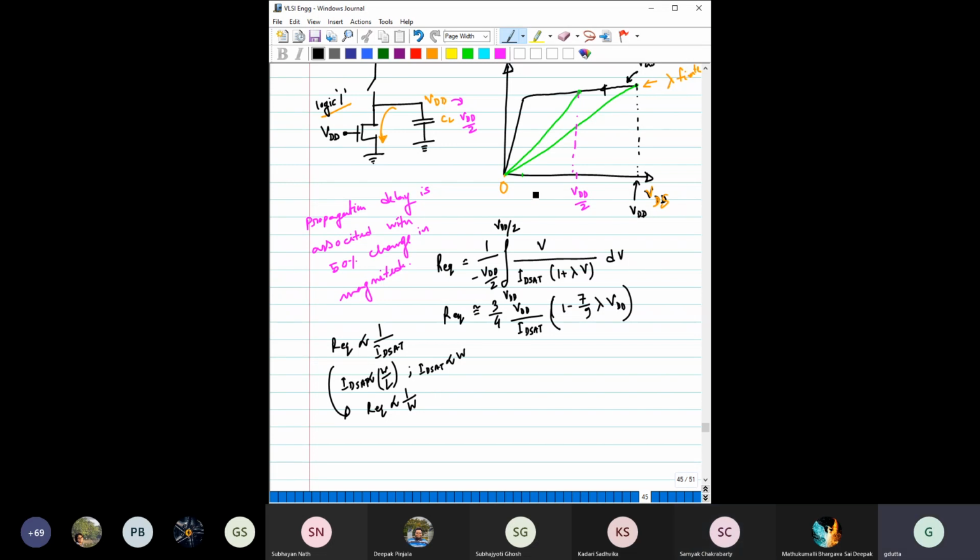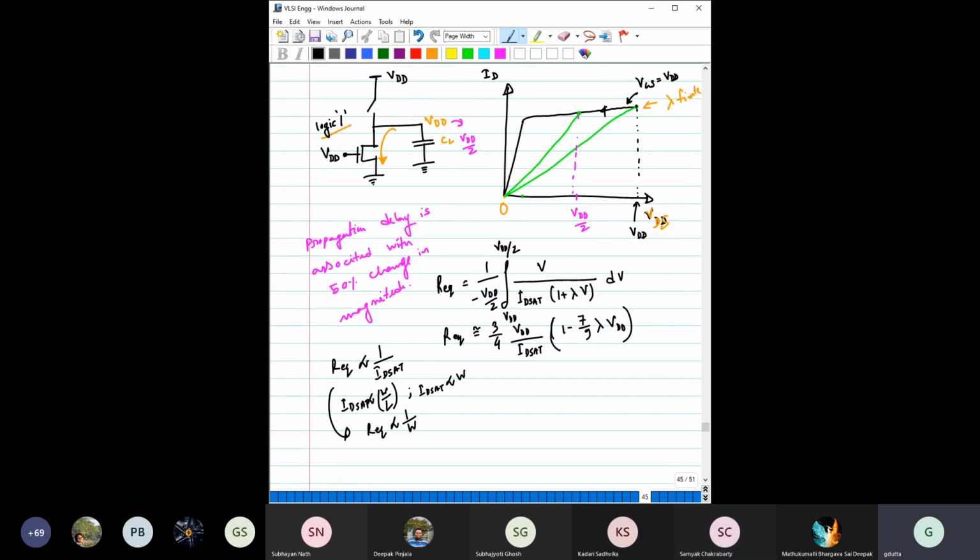Because what we are actually doing here is this. Suppose this is one resistance. Suppose you are calculating from this point, one resistance here, one resistance here, then you can average them. Or you can calculate one more point here, one more point here, one more point here.